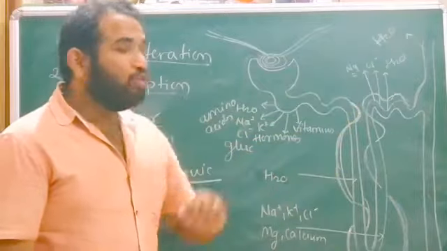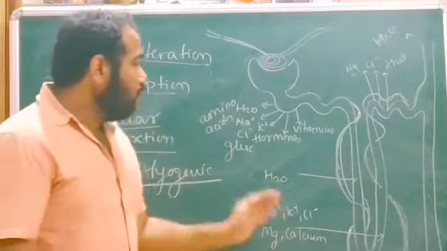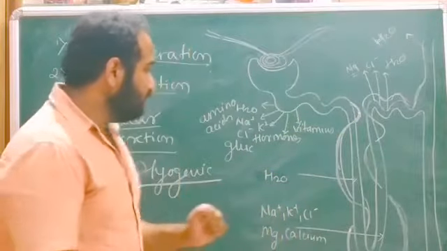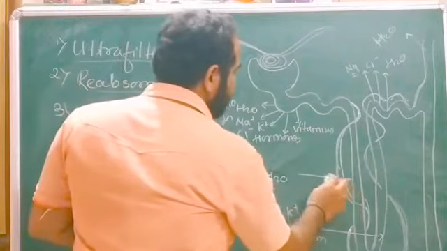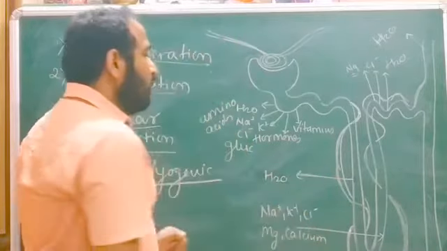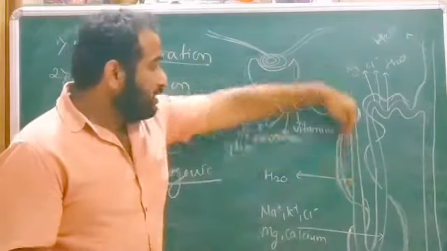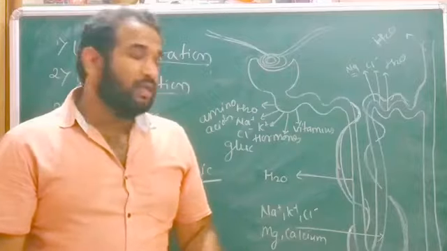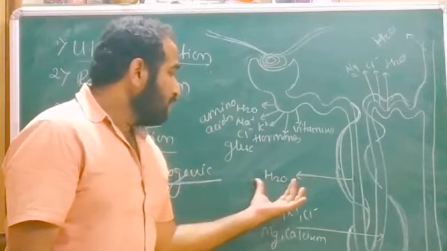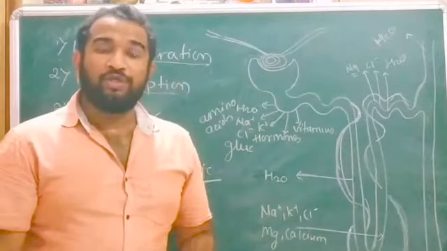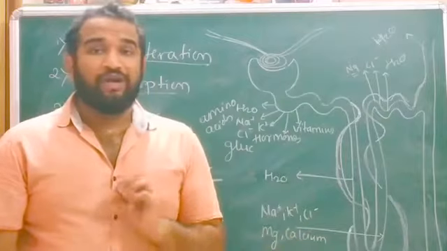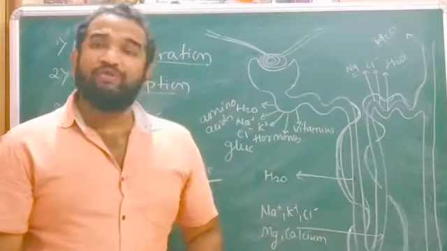So when it comes into the loop of Henle, what is going to happen? The descending loop of Henle is permeable for the water molecules, but ions are not going to get transported from the descending loop of Henle.